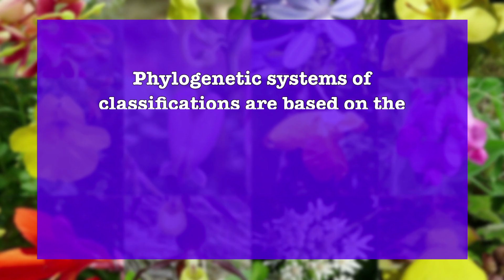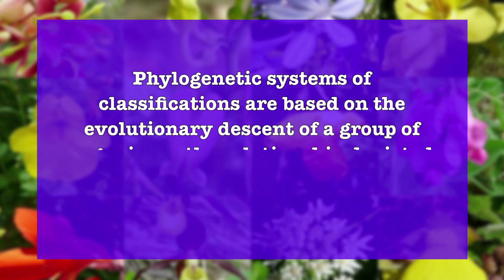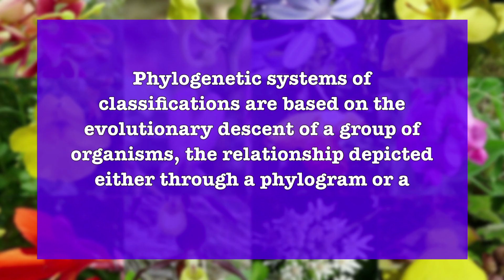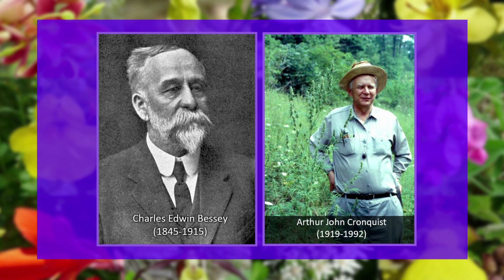Phylogenetic systems of classification are based on the evolutionary descent of a group of organisms, the relationship depicted either through a phylogram or a cladogram. Most of the propounders of these systems of classification have emphasized certain pre-selected characters which are considered to be of phylogenetic importance.